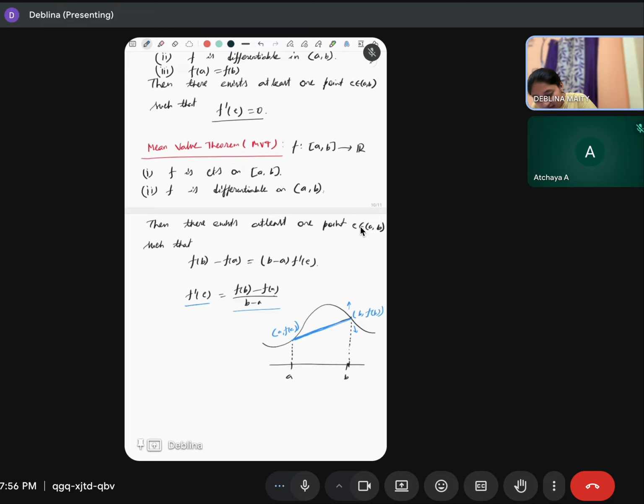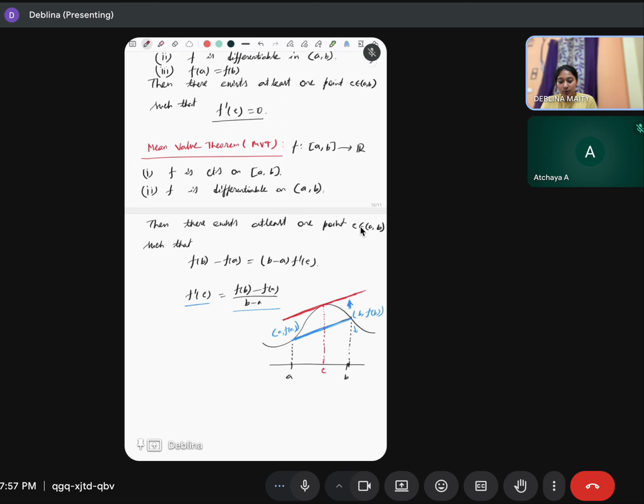Now if we move this line segment parallelly in the upward direction, then at this point, in between A and B we have found a point, this point.